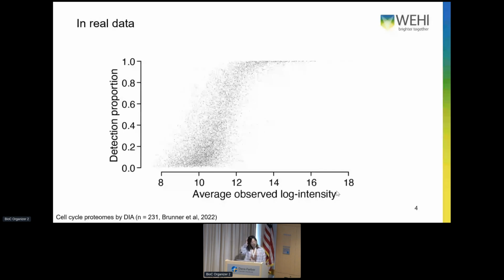However, is this what we observe in the real data? The short answer is no. Here I have a single-cell proteomics data set where, on the plot, each point is a peptide. I've plotted the average observed intensity versus the proportion of detected samples for each peptide. From these scatter points, you can already see a positive correlation between intensity and detection proportion.